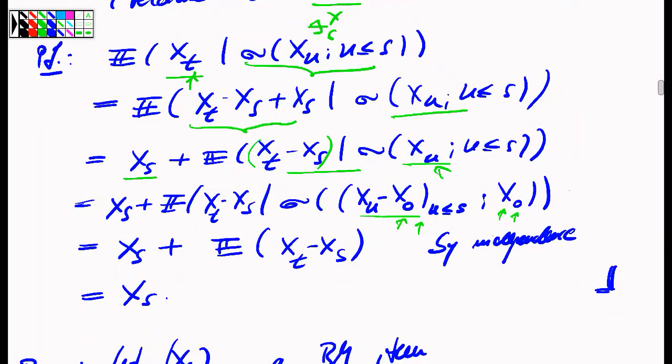I'm doing it in order to understand that this X_t minus X_s is one of the increments that appears in the independence of increments condition in Brownian motion, and this is a collection of all kinds of other increments, but each of them is independent of the increment that is here in the conditional expectation, and also X_0 is independent of this increment.